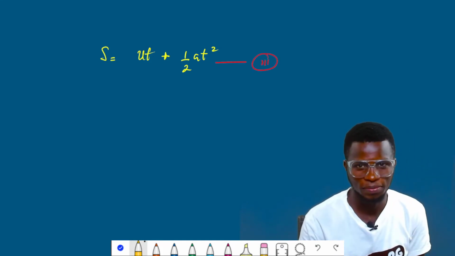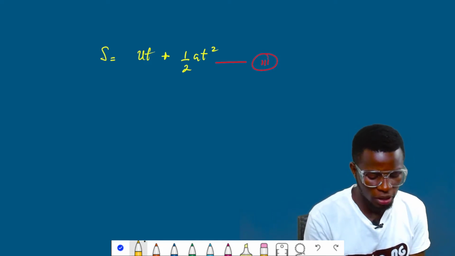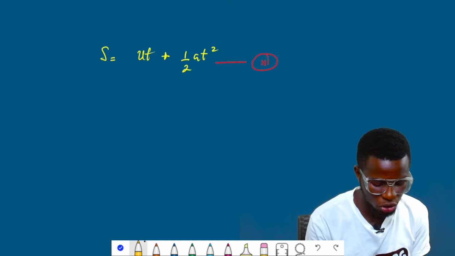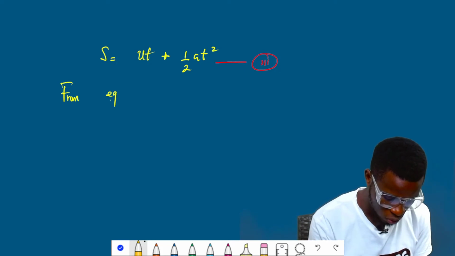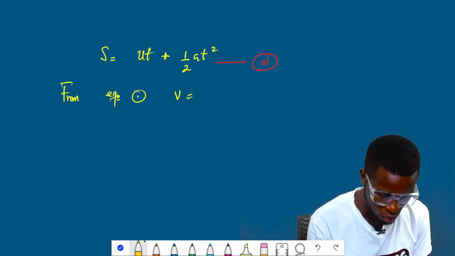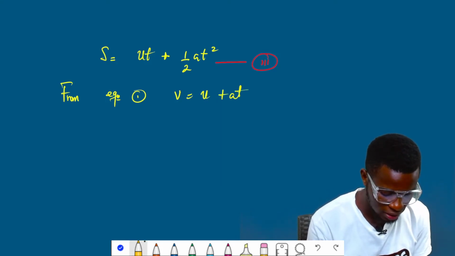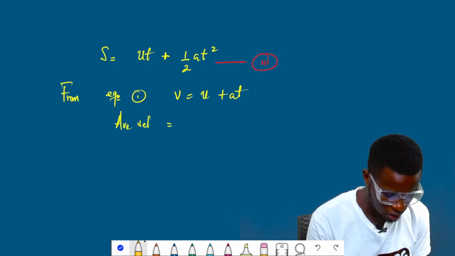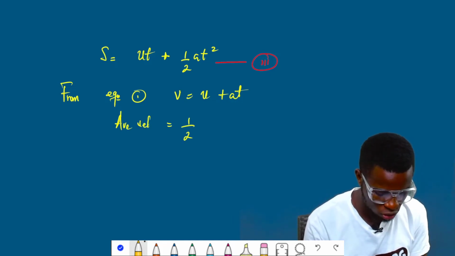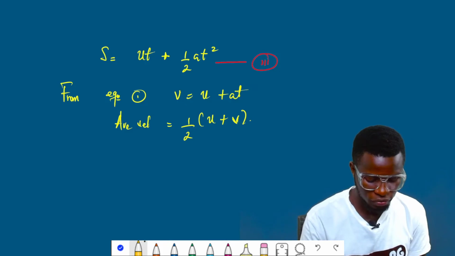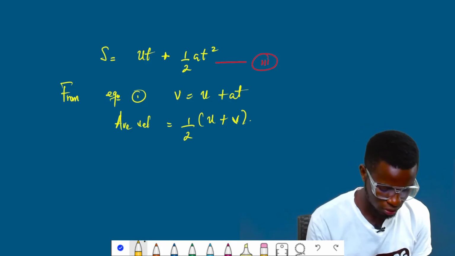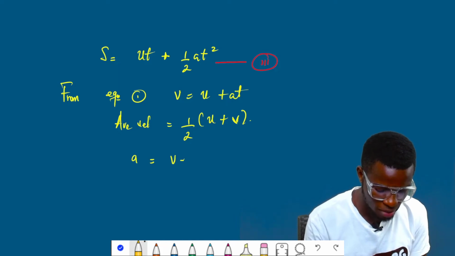Equation 3. Now from equation 1, v equals u plus at, and average velocity equals 1 over 2 (u plus v), and we said that acceleration a is equal to v minus u all over t.